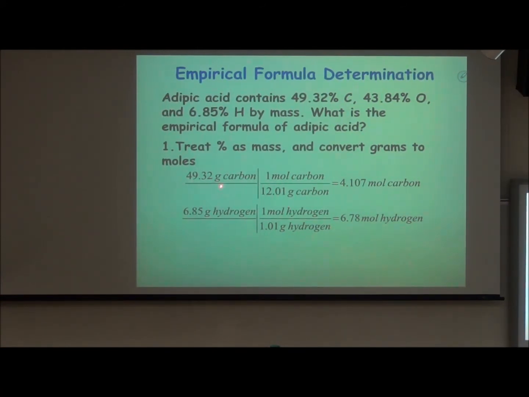So to find moles of carbon, we're going to take our mass of carbon and multiply it by moles per gram: 12.01 for carbon, 16 grams per mole for oxygen, and 1.01 grams per mole for hydrogen.